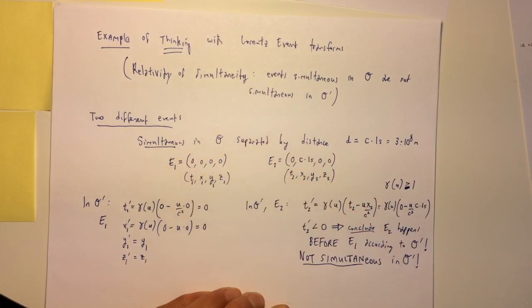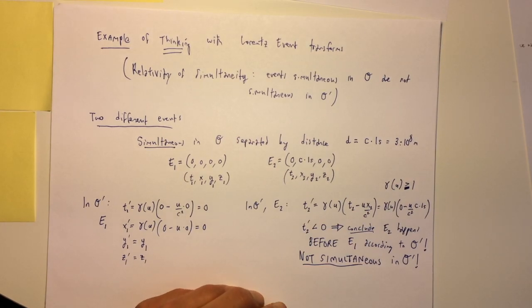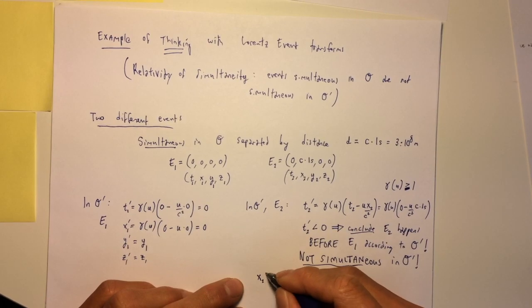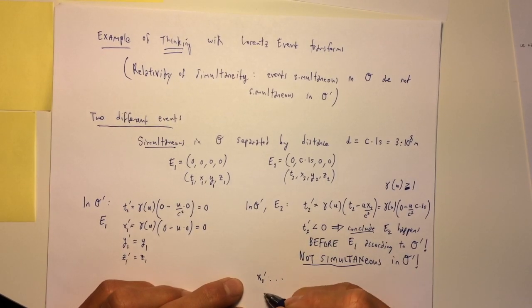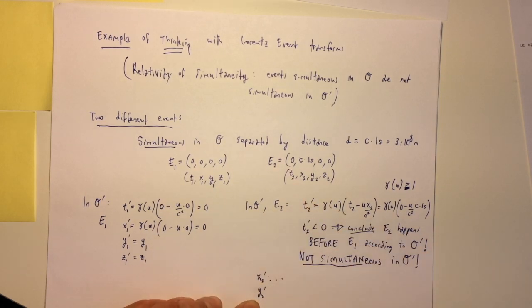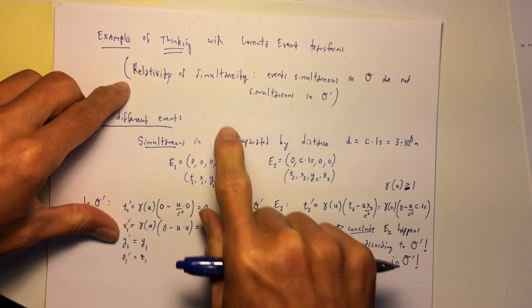This is the relativity of simultaneity. You could go on and study x2 prime, y2 prime, that's pretty easy. You already know how y2 prime is going to play out. And z2 prime, etc. And they're interesting in their own right. But we just explored simultaneity.